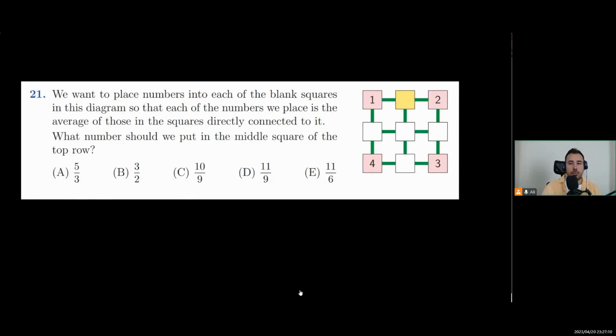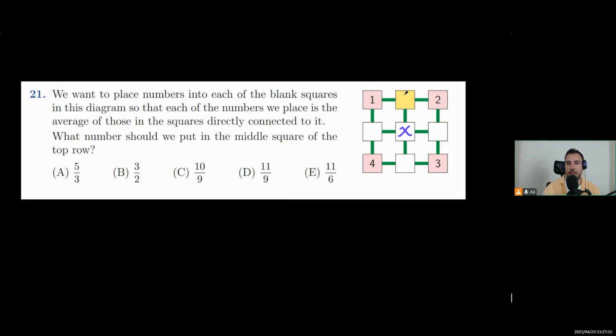What does the question want? It wants what number we should put in the middle square of the top row. So let's do this. I'm going to call this one x.